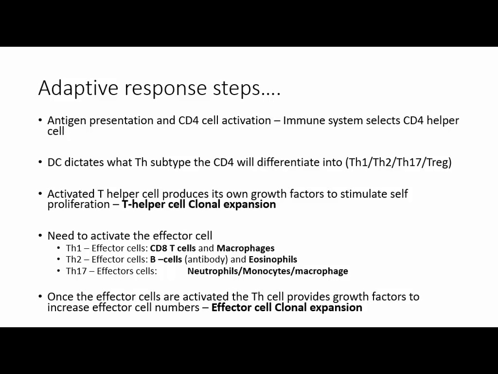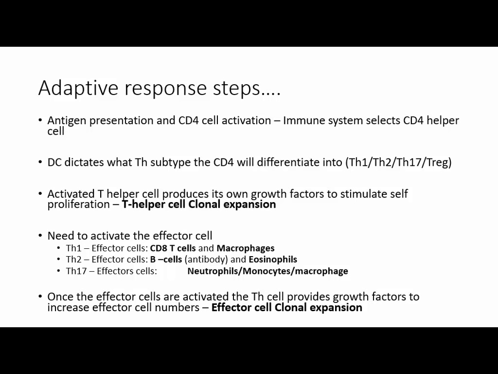The next thing we need to ensure is that we have sufficient numbers of that CD4 cell. Okay? You've got to appreciate that when we get an infectious agent and we present it to the CD4 cell that's responsible for recognizing that pathogen, it's actually present in very low numbers, which isn't going to be good enough. So we need to increase the numbers of that CD4 cell.